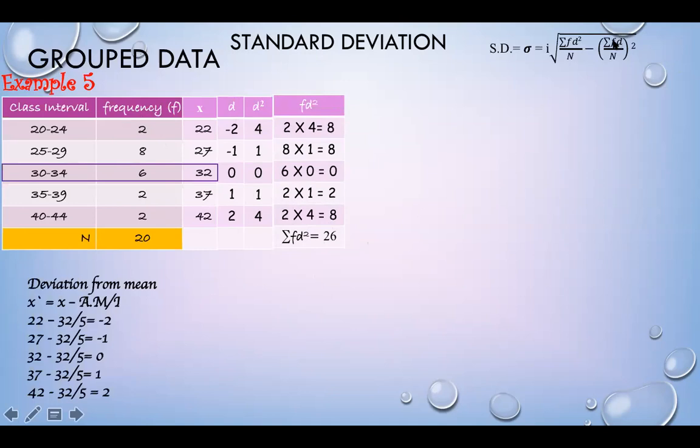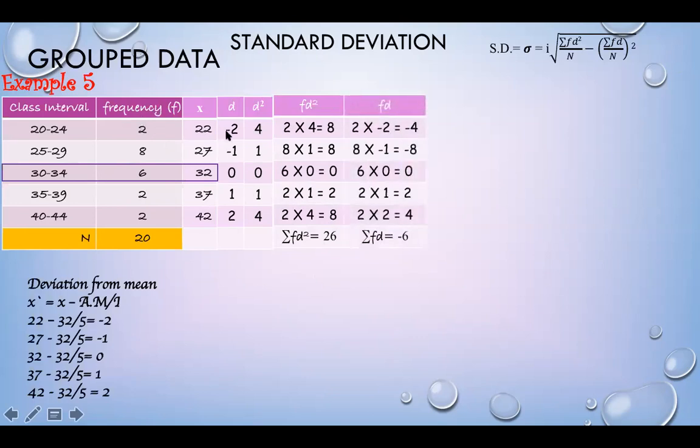Next we have to find frequency multiplied by deviation, not square deviation, only deviation. This column multiplied by this column. So here it will be 2 multiplied by minus 2, that will come out to be minus 4, 8 multiplied by minus 1, that will be minus 8, 6 multiplied by 0, that will be 0, 2 multiplied by 1, that will be 2, and 2 multiplied by 2, that will be 4.